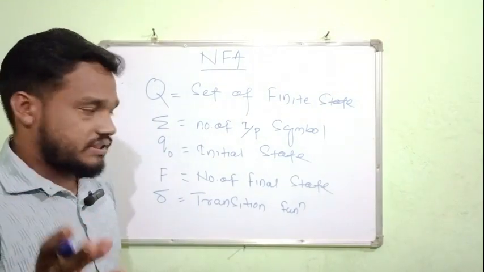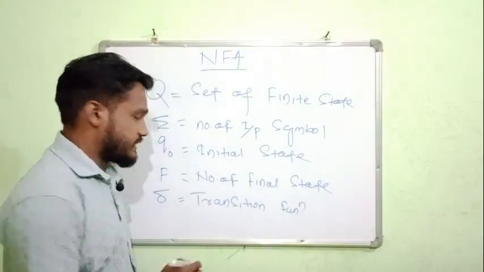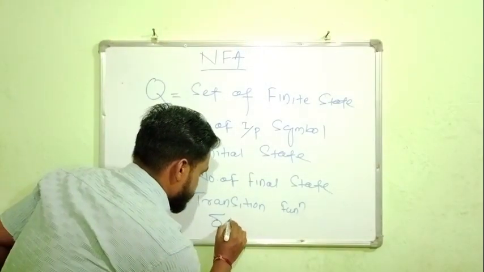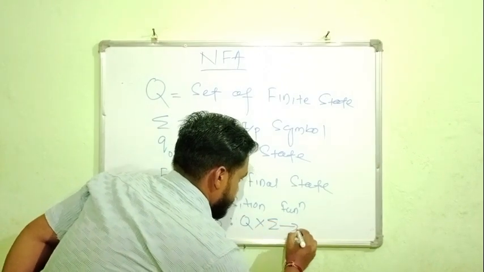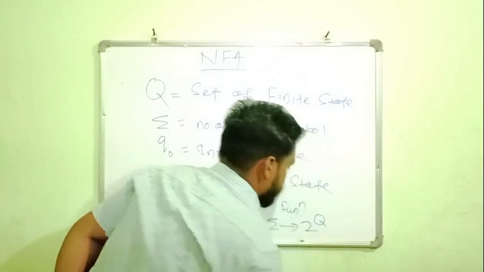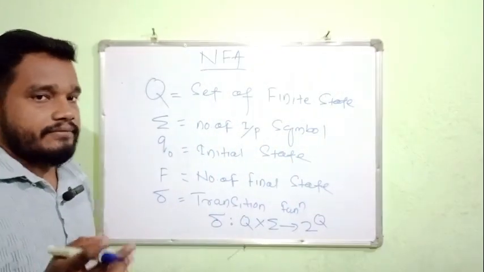One more thing I am going to explain. In case of NFA, the transition function is delta: Q cross sigma goes to 2 to the power Q. That is the transition function of NFA.